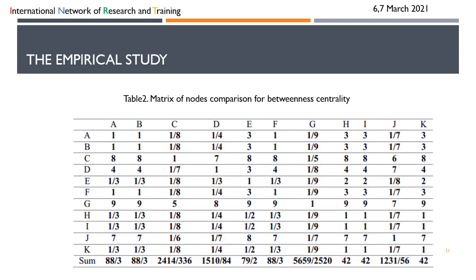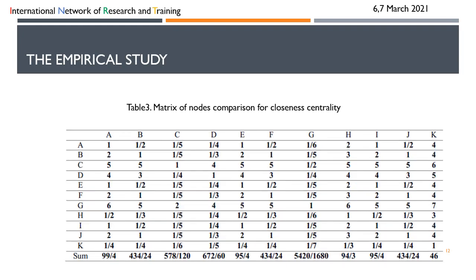The same thing with betweenness centrality and closeness centrality. So we compare each node according to one criterion.